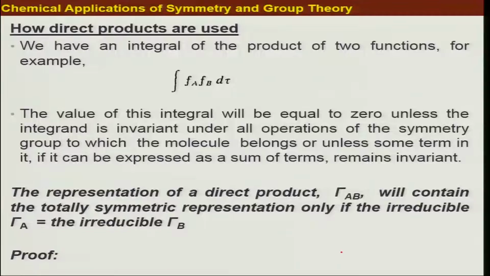If we have an integral of the product of two functions, for example fa and fb, and we integrate over all the coordinates denoted by tau, this integral will yield 0 unless the integrand is invariant under all the symmetry operations of the point group to which the molecule belongs.